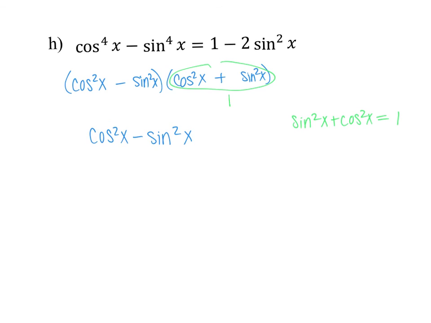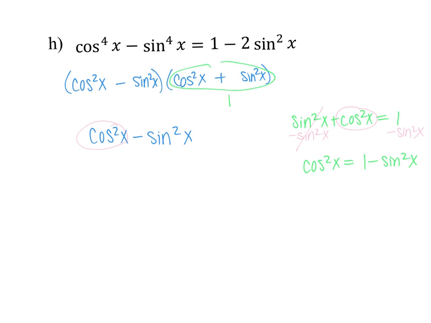So I'm going to replace cosine squared in terms of sine. To get cosine squared by itself, I subtract sine squared from both sides, so that cancels. And I really have cosine squared left behind, equal to 1 minus sine squared. So cosine squared is equivalent to 1 minus sine squared.